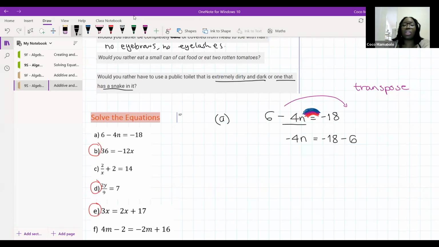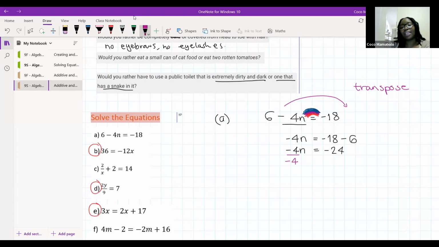Now we just need to clean it up a little bit. I know that negative 4n is going to equal, what is negative 18 minus 6? Negative 24. Good. Now I know that this negative 4 is multiplied to n. So if I want to get rid of the multiply, I'm going to divide by negative 4.